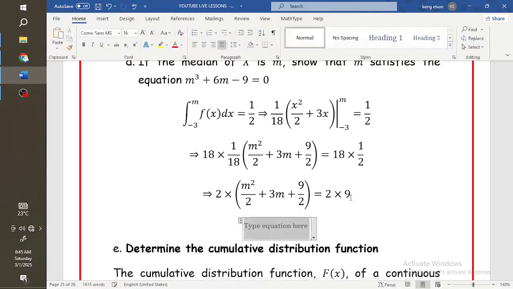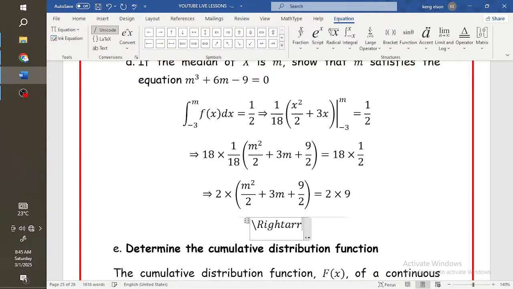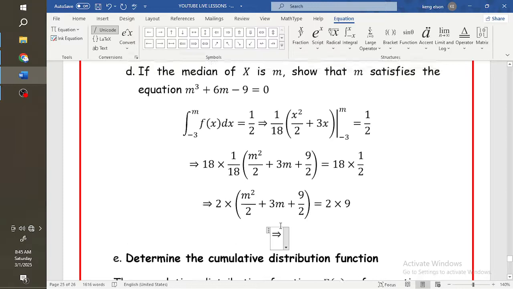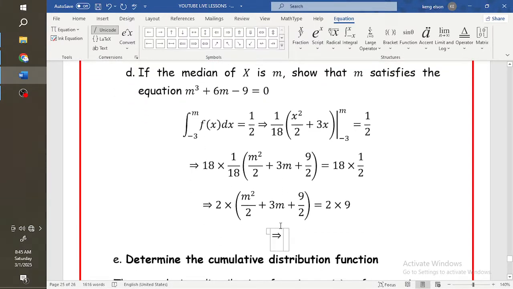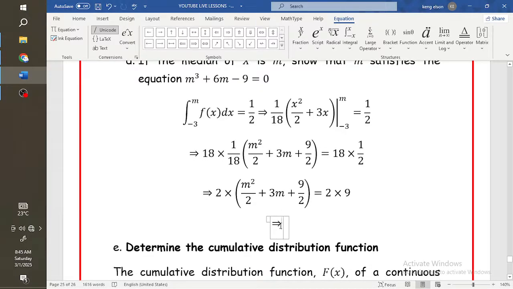So if I do that, you realize that 2 multiplied by m squared on 2 gives us m squared. Okay. Next, 2 multiplied by 3m gives us 6m.